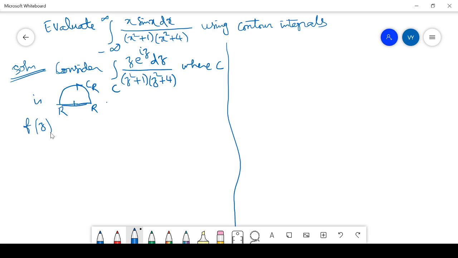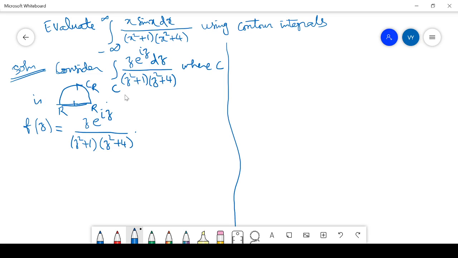Suppose I assume f of z as z e power iz by (z squared plus 1) into (z squared plus 4). If I want to find the value of this integral, I have to use either Cauchy's integral formula or the residue theorem.